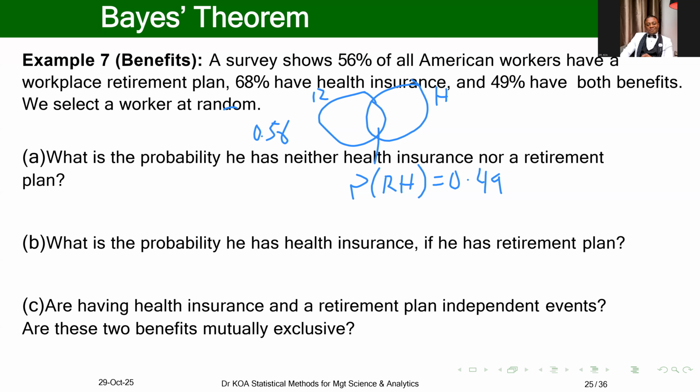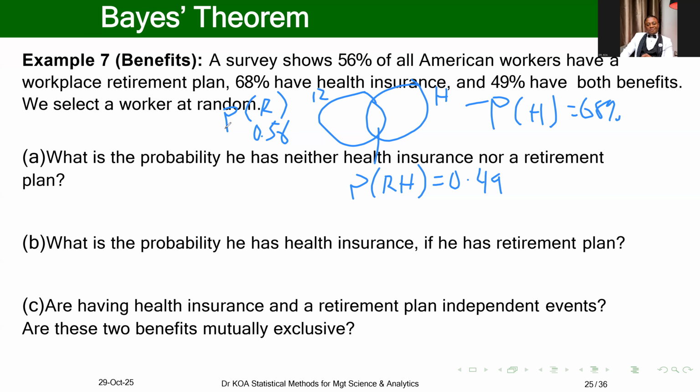It is for all of the circle. So that's the probability of R like this. Now, this is going to be the probability of H. Probability of H is 68%. I'm just using the Venn diagram to guide you, but the elements of the writing, you can rewrite properly.